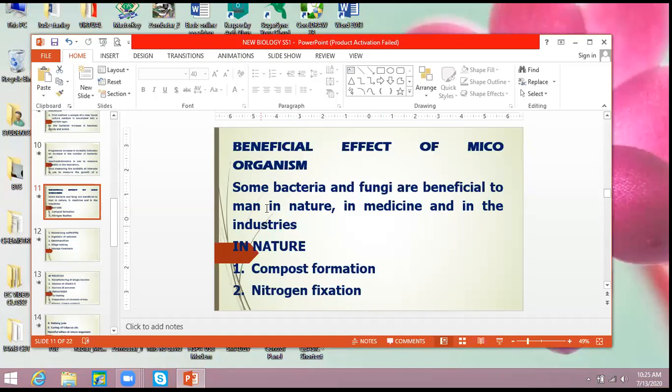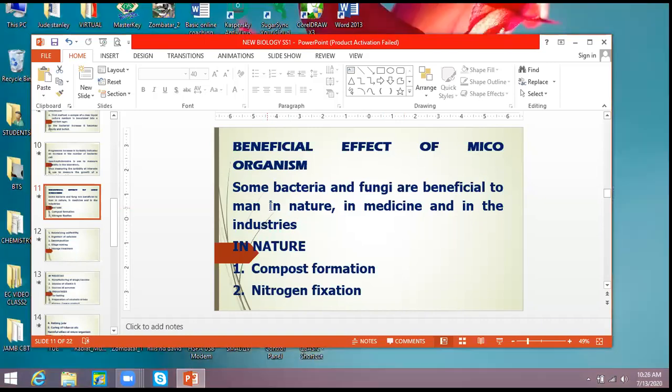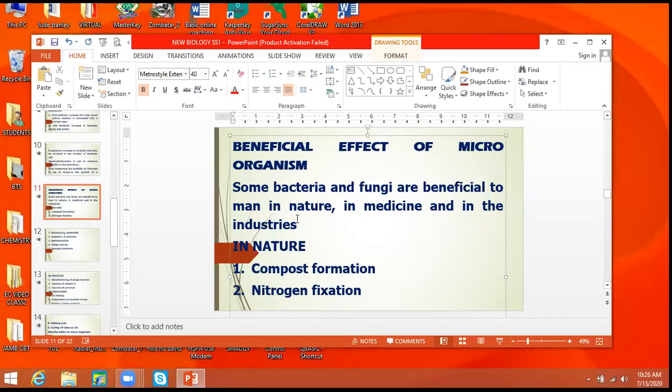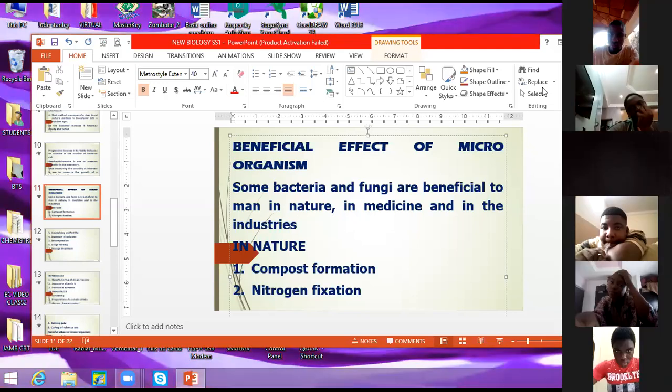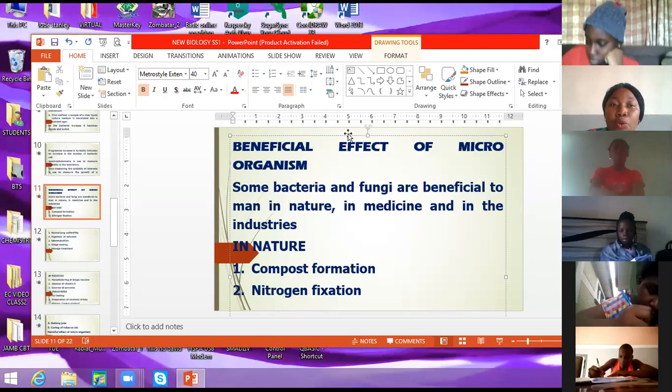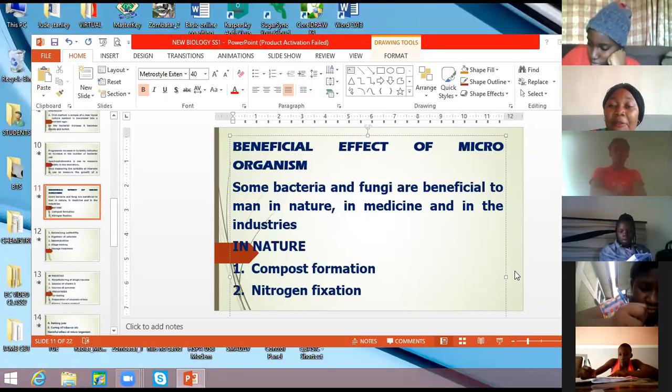So we have three areas in which microorganisms are beneficial to man. Now let's look at in nature: how do microorganisms, either bacteria or fungi, benefit man in nature?